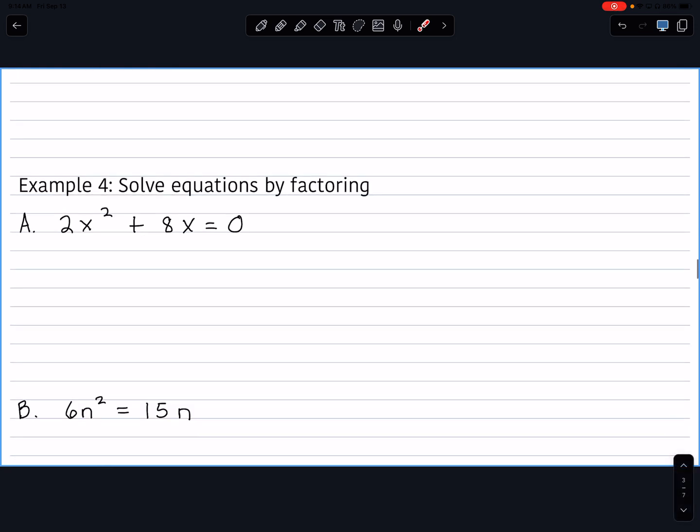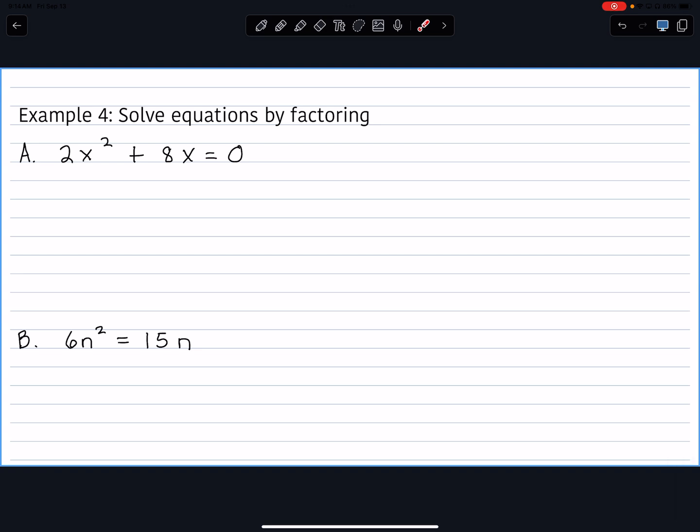Okay, let's use this for an equation. So if you could get down to example 4a.